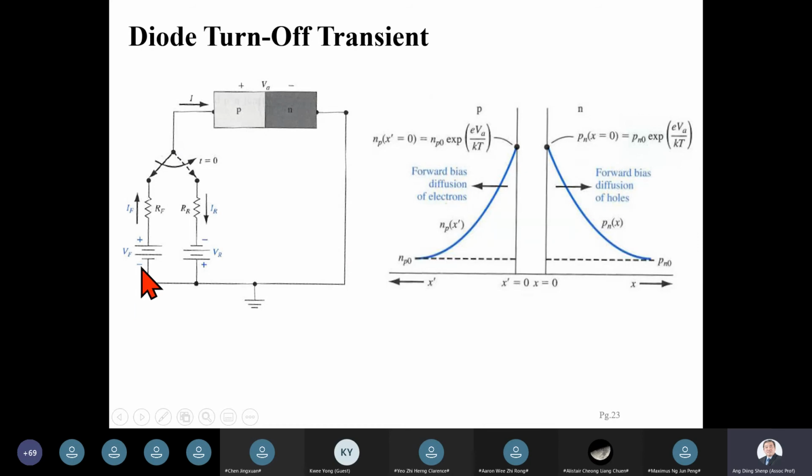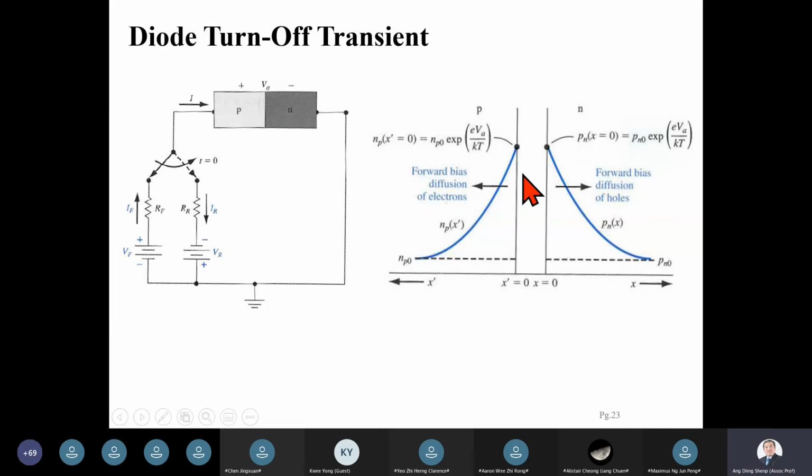As you know, under forward bias, a large current flows. At steady state, if you examine the excess minority carrier concentration profile along the PN junction, it will look like this. The excess holes will decay exponentially with distance into the quasi-neutral N region, and the excess electrons similarly decay exponentially with distance into the quasi-neutral P region.